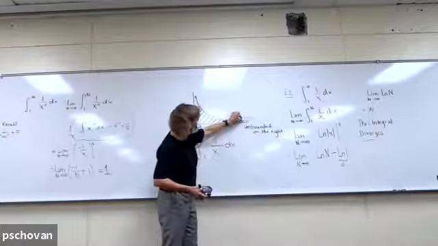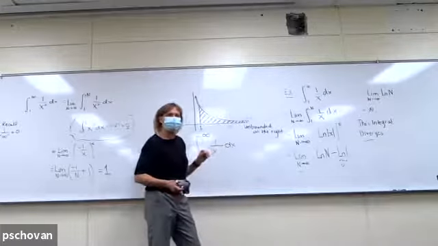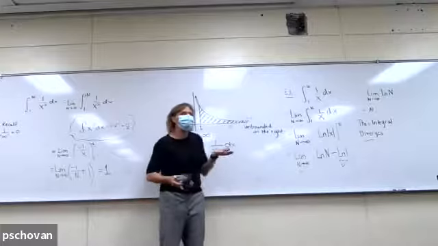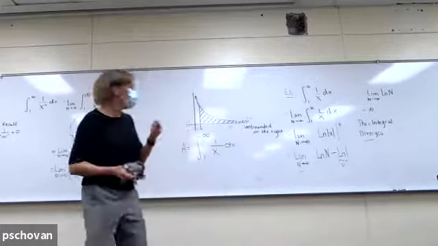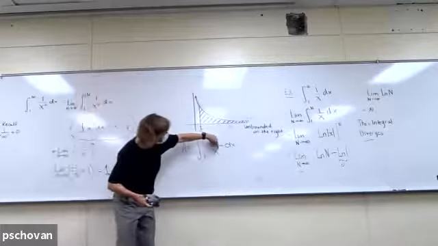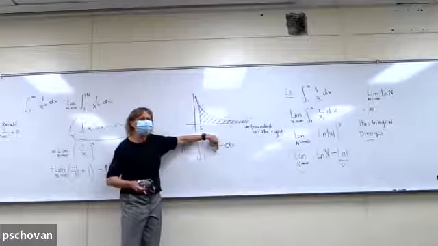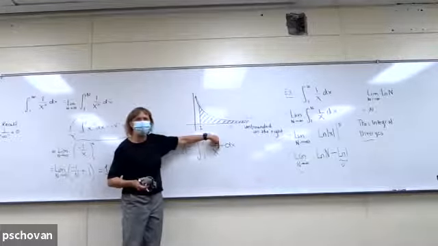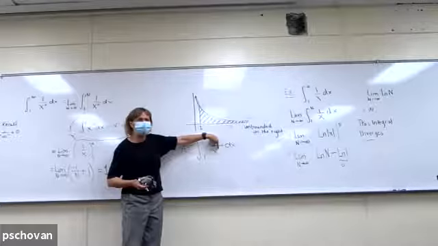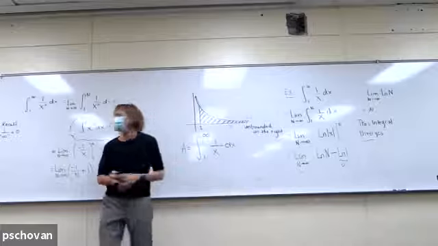Well, are there numbers between 1 and 2 that maybe would give me finite area? In other words, what's the lowest power or biggest power? I don't know which way to state it. What's the biggest power I could put here so that I have finite area? Let's just put a letter there, put a P there, and figure out what that power needs to be so that this integral converges.